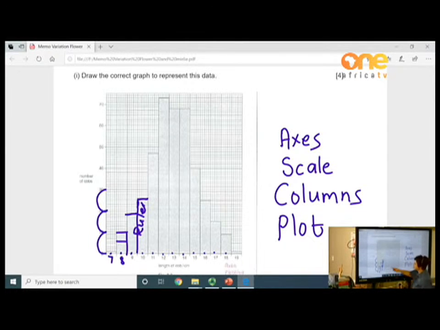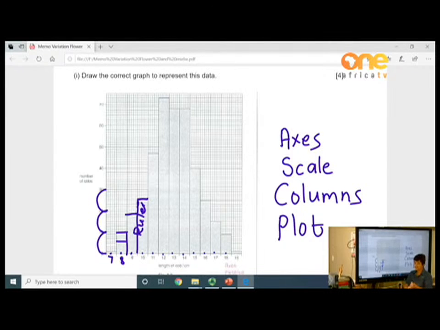Then scale so that that distance is the same. And look at the 7. It's in the middle. Now, we write it in the middle now for the name of the column. Your column, you get your marks when they are attached, same width, each column, and draw with a ruler.